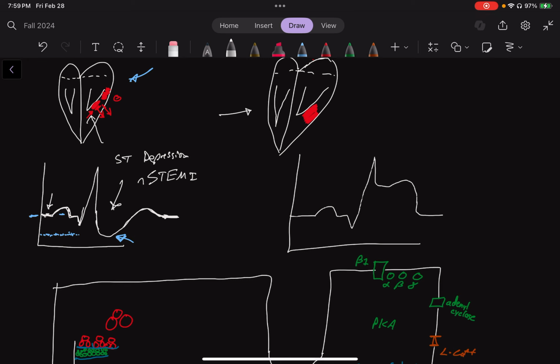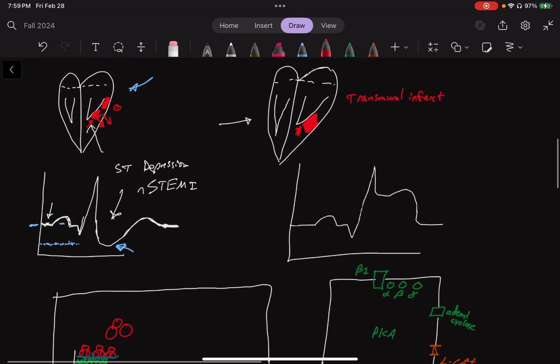Now, another problem is if the hypoxia becomes really serious, then the entire wall of the ventricle will be hypoxic, and that's called a transmural infarct. Transmural because it's across walls. It goes all the way through the wall. And this will cause a current of injury to occur as well.